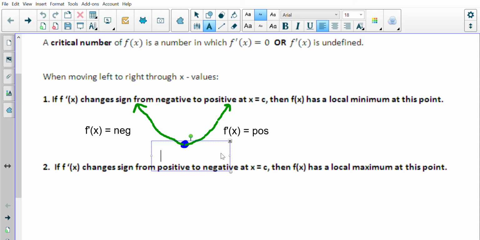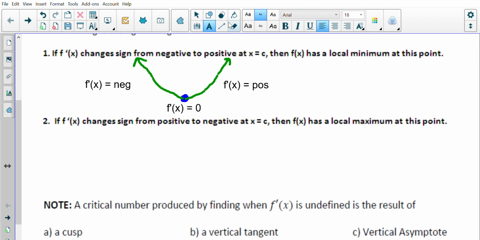And again, at that c value, that's the spot, and this is why it's important, that our tangent is horizontal, and so our derivative is equal to 0 at that spot. Now we got the flip side of things, where if the derivative changes sign from positive to negative at some c value, then the function has a maximum at that point.